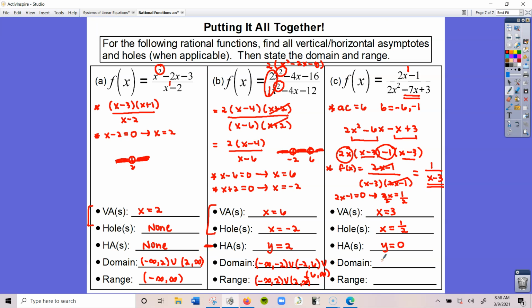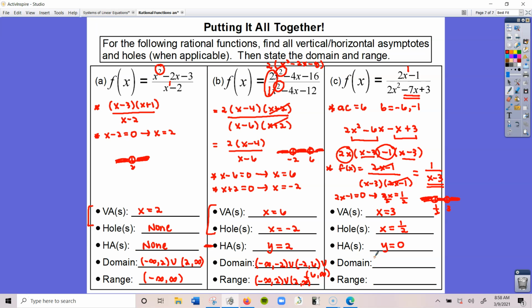Now the domain. Remembering that the domain is restricted by the vertical asymptote and the hole, my domain would have to exclude 3 and 1/2. And again, you can put this on your number line. 1/2 comes before 3. These numbers are excluded, but everything else is fine.